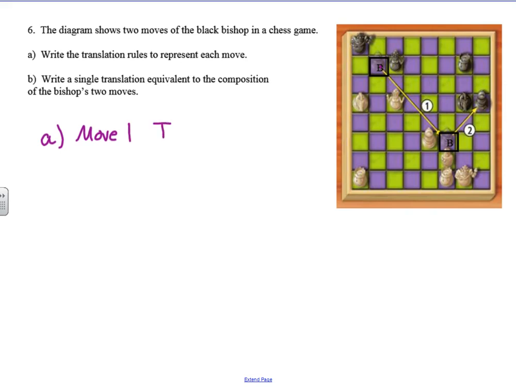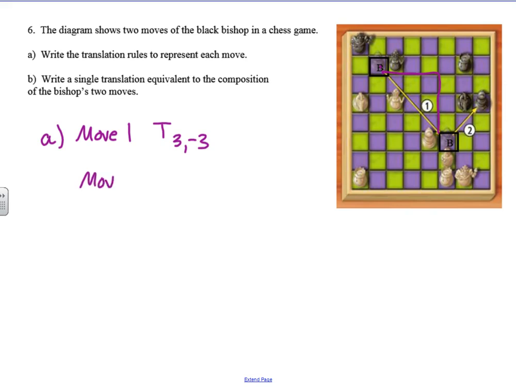Move 1, the translation would be, looks like 1 to the right, 1, 2, 3, and down 1, 2, 3. Okay, so would that be 3, negative 3?